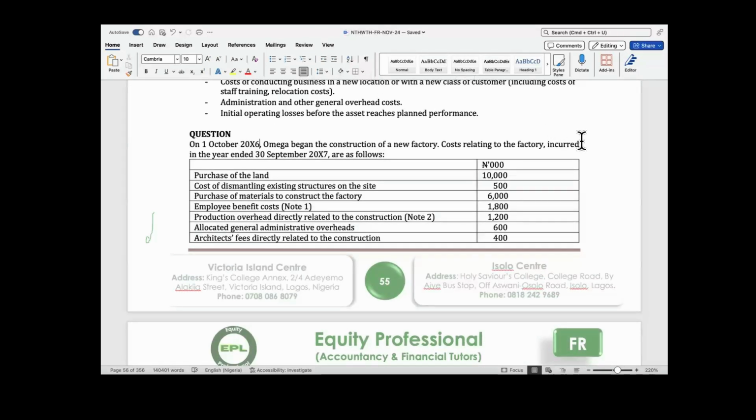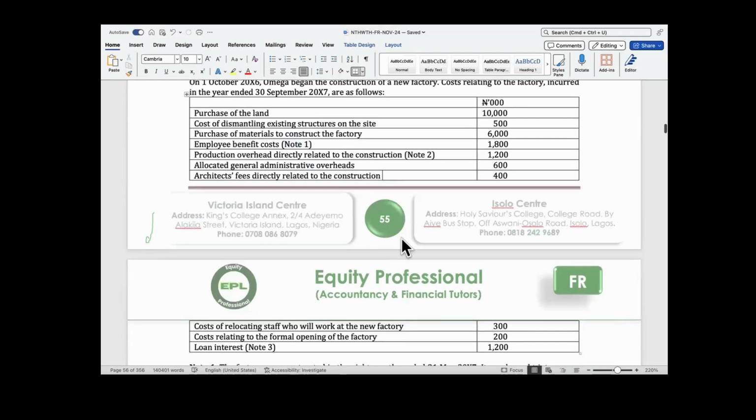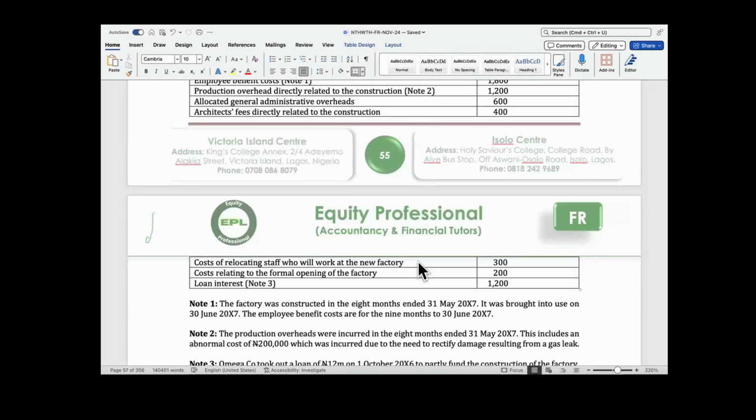The costs relating to the factory incurred in the year ended 30 September 2007 are as follows: purchase of land, cost of dismantling, purchase of materials, employee benefit costs, production overhead directly related to the construction, note 2, allocated general overheads, architect fees directly related to the construction, cost of relocating staff who will work at the new factory, then costs relating to the formal opening of the factory, then loan interest, note 3.